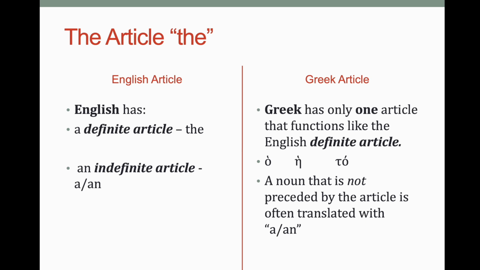So you have a masculine form of the article, which is ho, a feminine form, which is he, and a neuter form, which is to. Generally speaking, a noun that is not preceded by the article is often translated indefinitely with an a or an, but that's not a hard and fast rule. We will discover all sorts of exceptions to this rule as we are translating Greek.